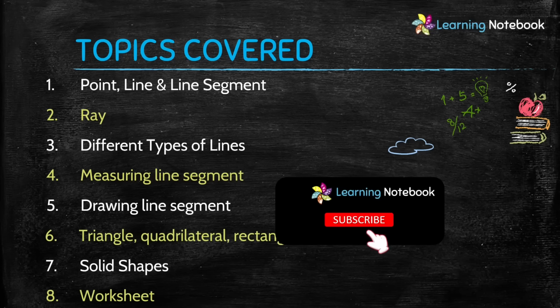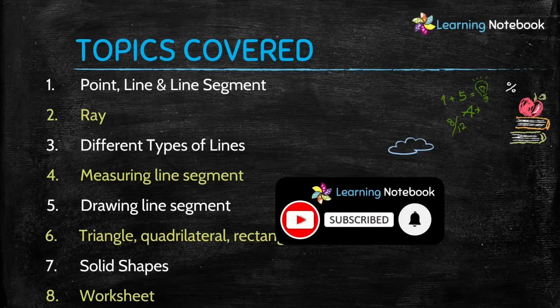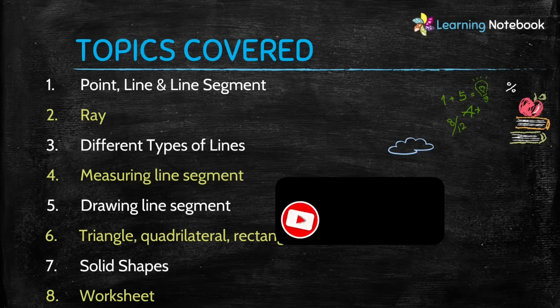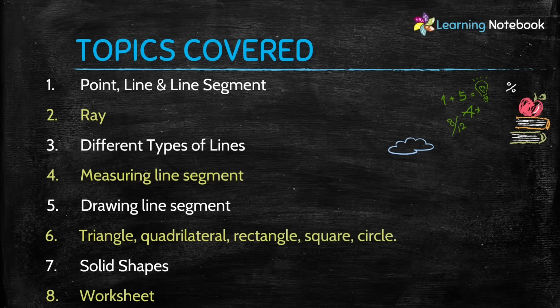Then we will learn about plane shapes, that is triangle, quadrilateral, rectangle, square and circle. After that, we will understand solid shapes. And in the end, I will give you a worksheet on geometry for your practice.